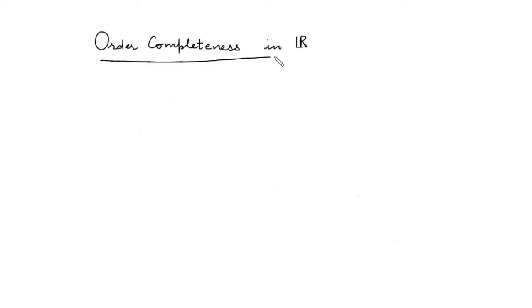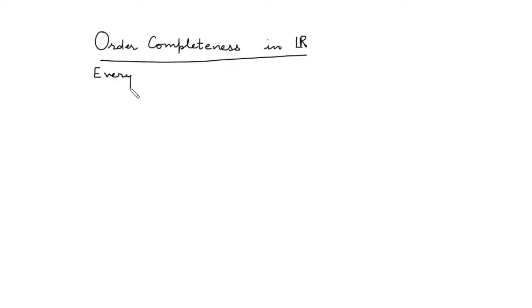Next theorem, and that depicts the order completeness of real numbers. So order completeness in the set of real numbers, this means what?